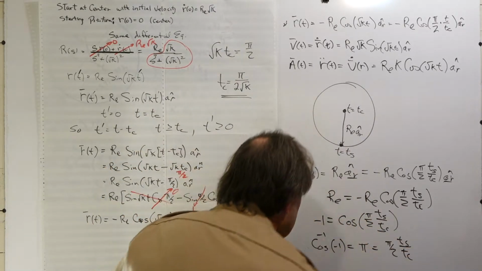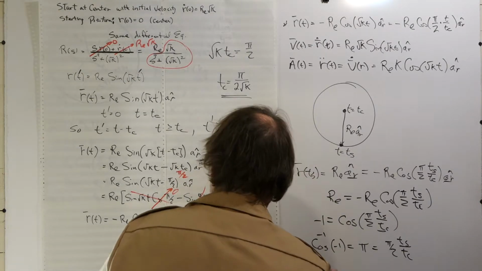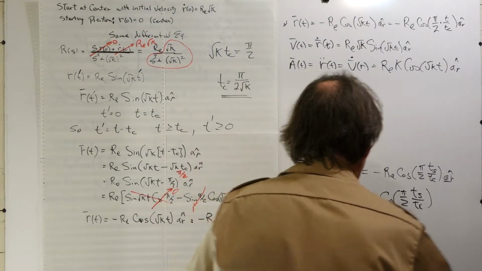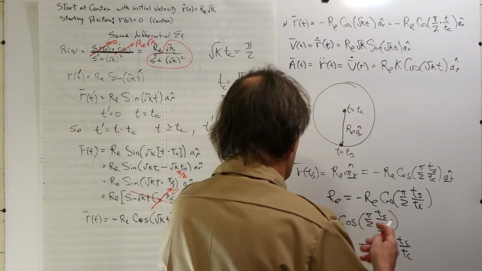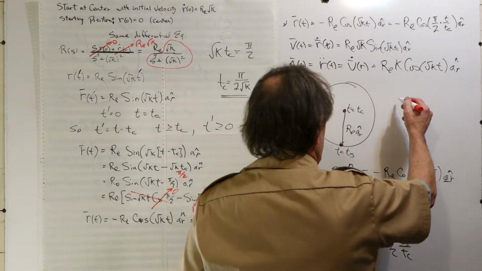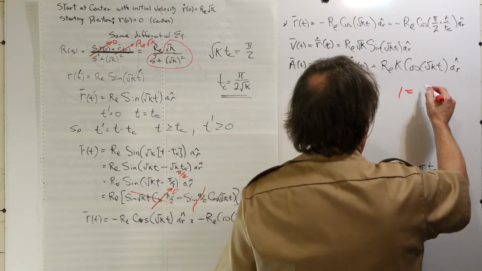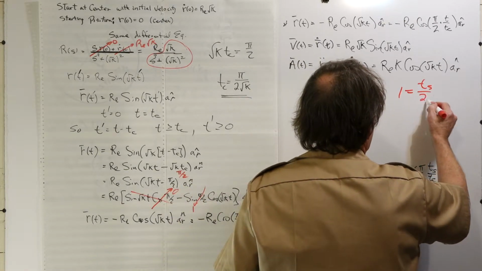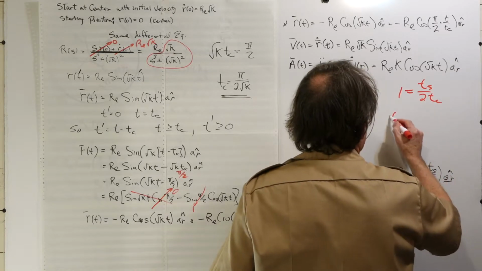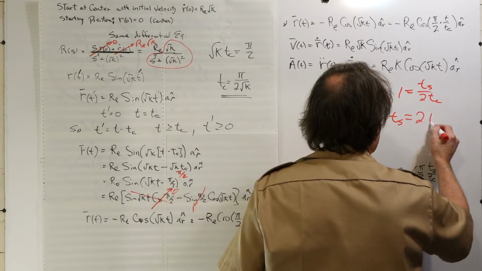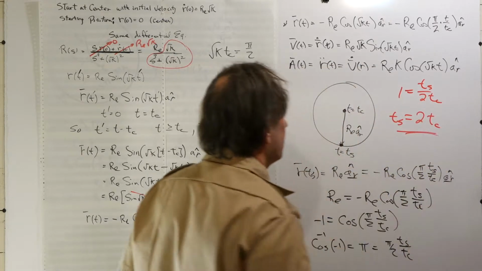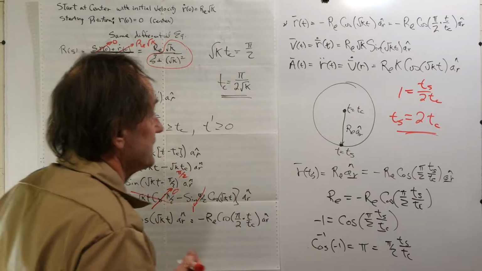The pi's cancel, so we get 1 is equal to t_s over 2 t_c, or t_s equals twice the time to the center. And of course that makes sense.